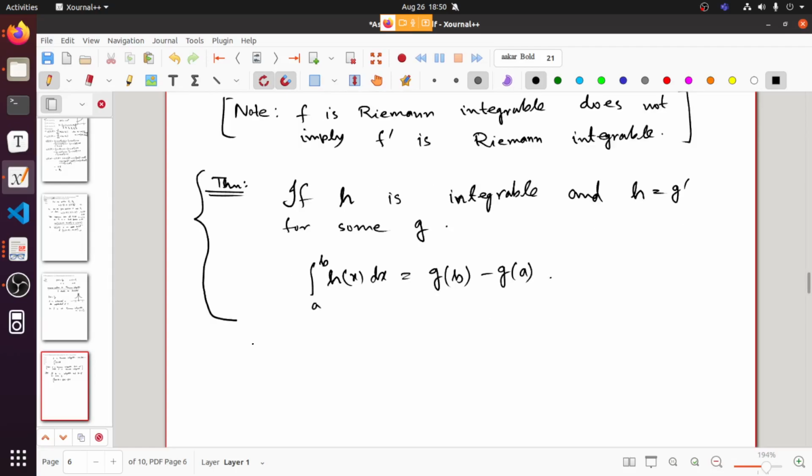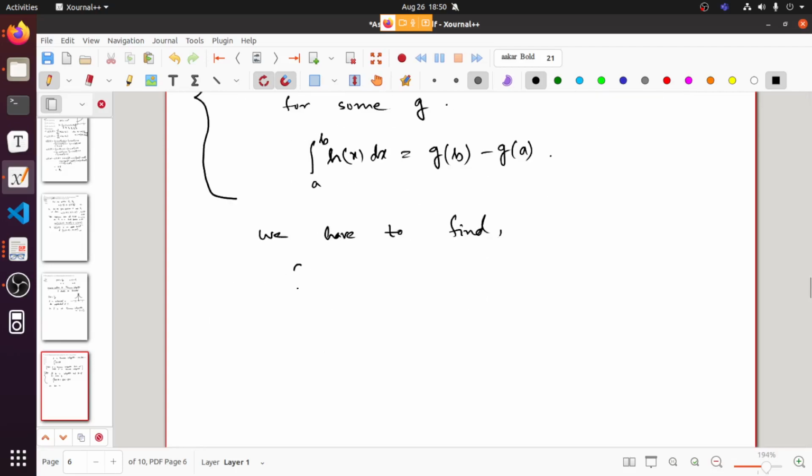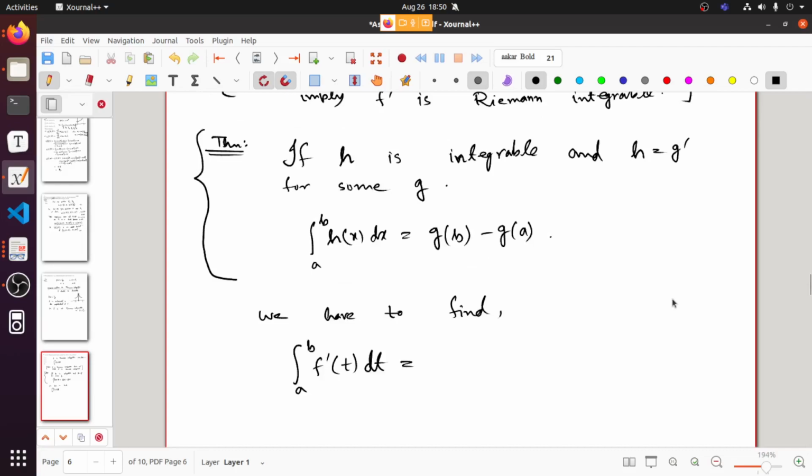Now f is a function that is given, and we have to find the integral from a to b of f'(t) dt. So for h we take h = f', then g will be f.